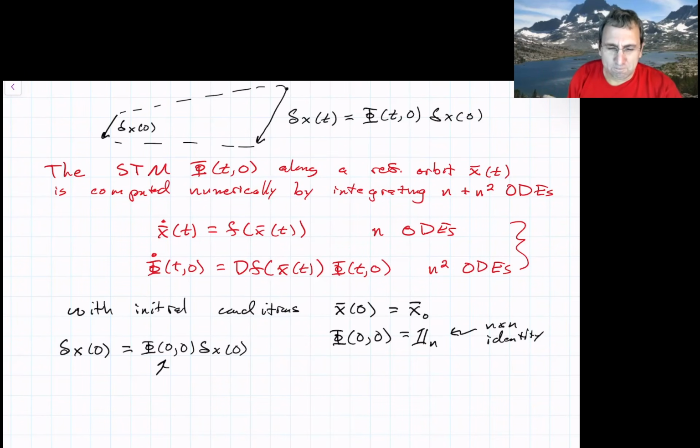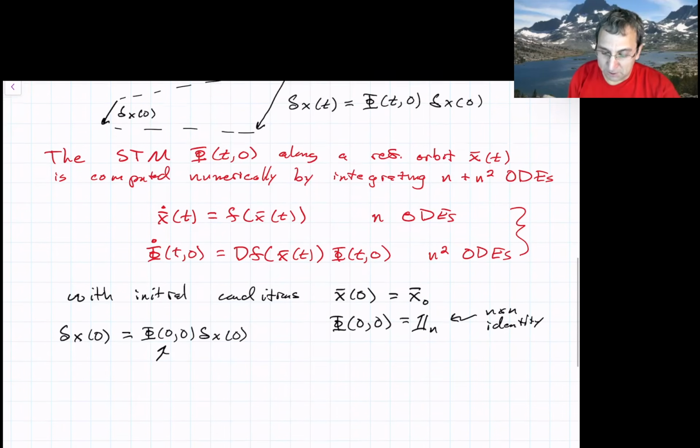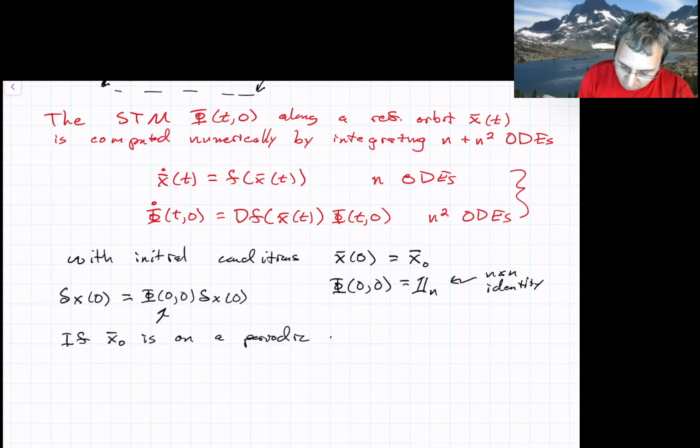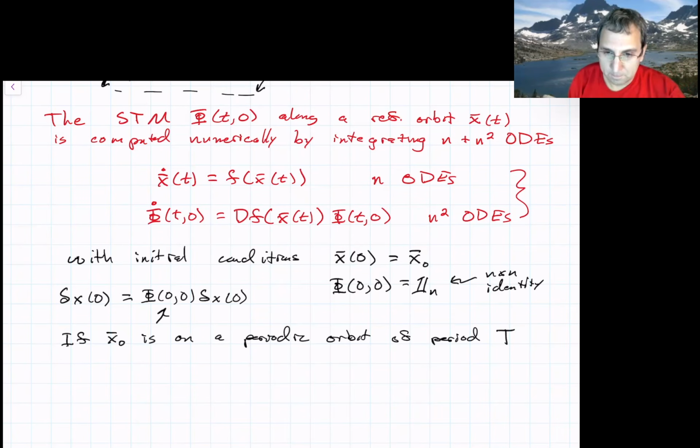If we're looking for a periodic orbit, so if the initial condition is on a periodic orbit of period capital T, then we would use capital T as the final time.